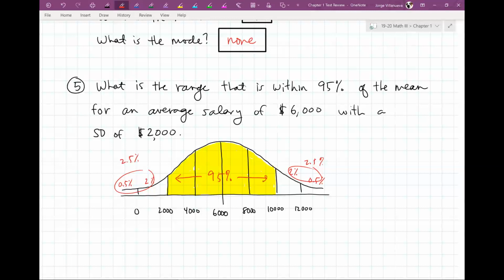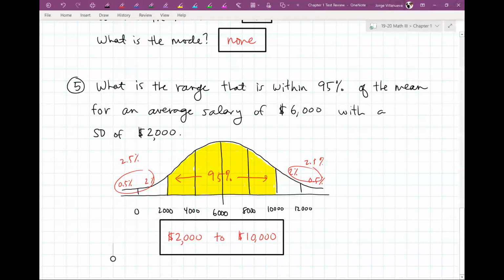So they're saying, what's the range? Well, you're going to say $2,000 to $10,000. That's my range. Any questions on that one?